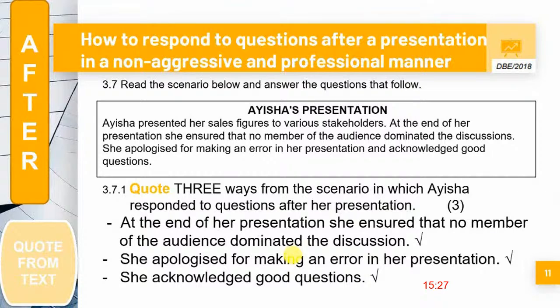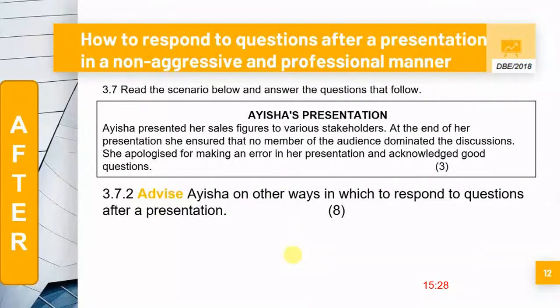So here, at the end of a presentation, she ensured that no member of the audience dominated the discussion. That means she didn't allow one person to ask questions only. She apologized for making an error in a presentation, and she also acknowledged good questions.